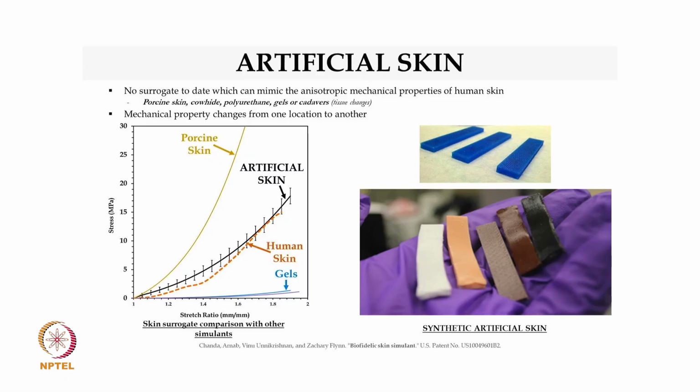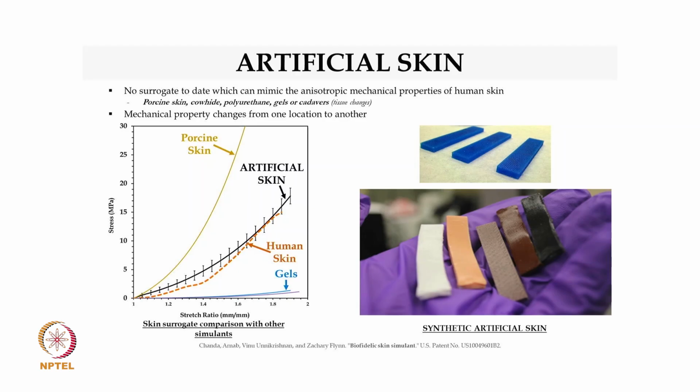The real human skin property is highlighted here with an almost orangish skin color, written as the human skin. So that is the human skin property approximately. Then you have the porcine skin property. So we are looking at the stress strain profile, or a stress stretch profile.